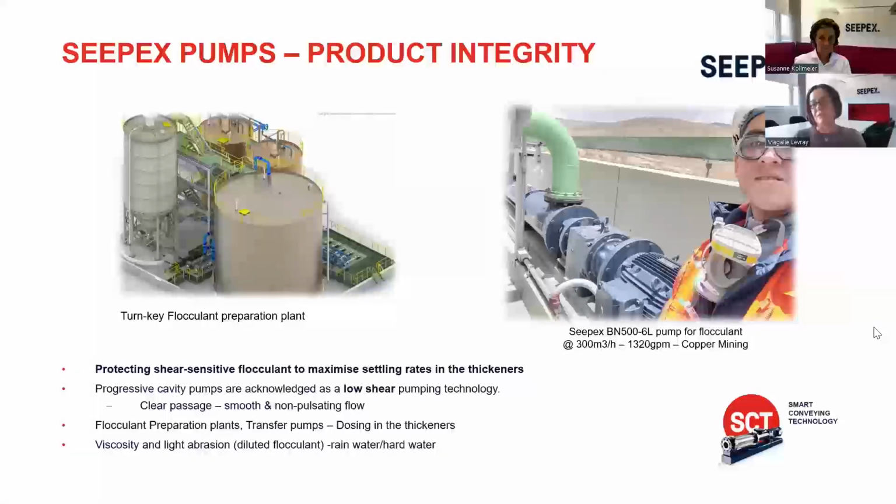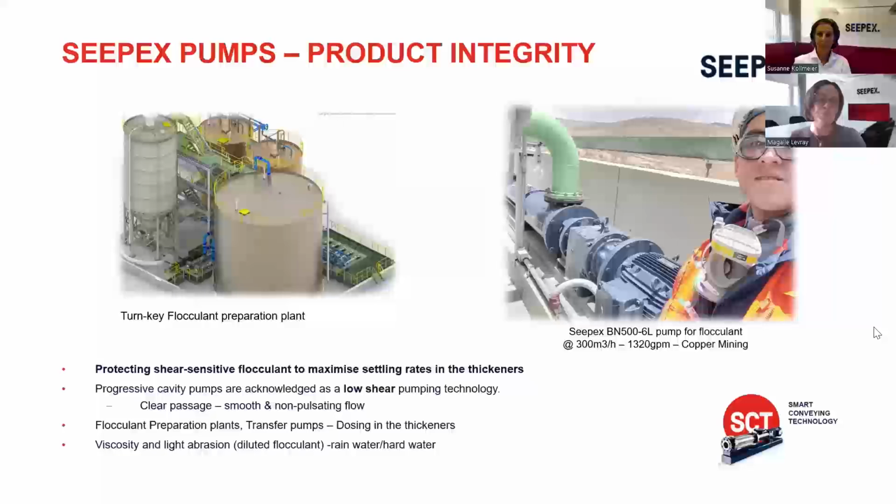But generally, this is a viscous application more than it is abrasive. So it's very important to respect the texture of the flocculant. We need to dose the flocculant without breaking the molecular chain of the polymer so that it is efficient and so that we maximize the settling rates in the thickeners and recover the precious metals.